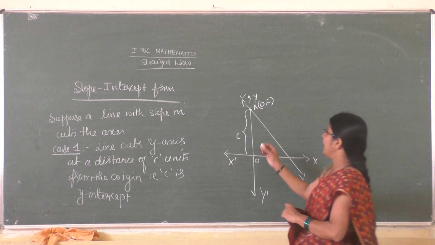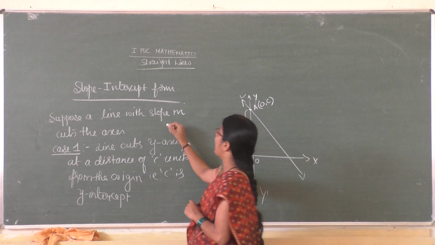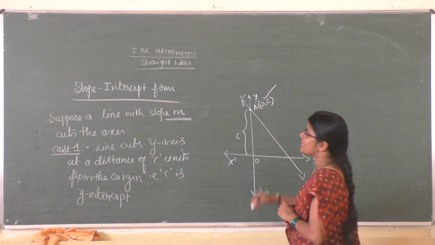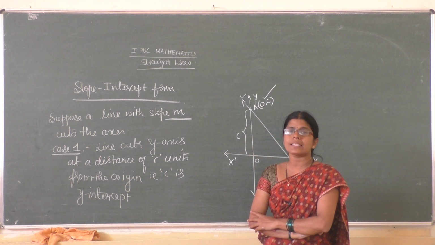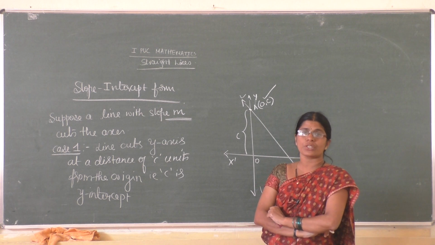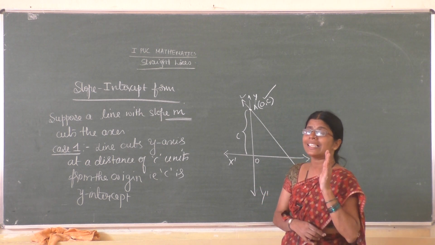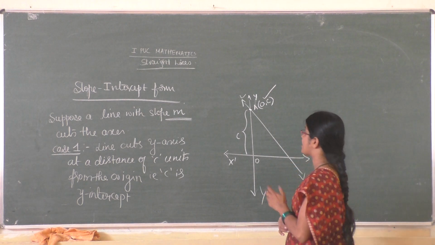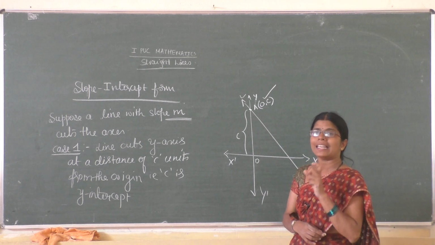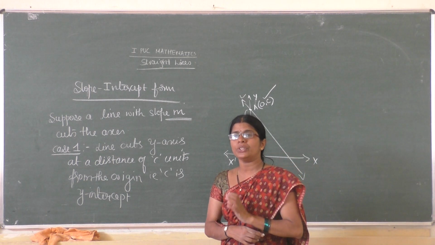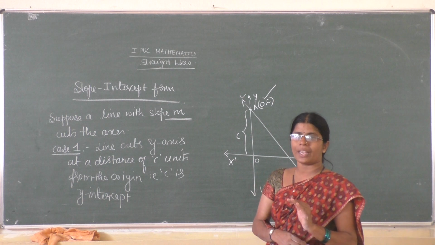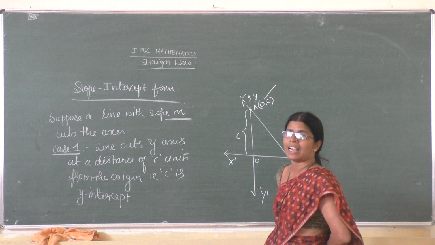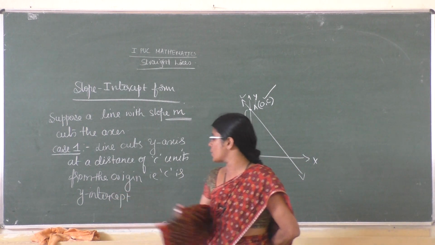Therefore, what we have, given that a line have slope m and it passes through the point 0, c, okay. So what we have, already we derived the equation of a line when the slope and the point is given, okay. So y minus y naught is equal to m into x minus x naught, okay. So use that formula, substitute this value, we are getting the required equation, okay.